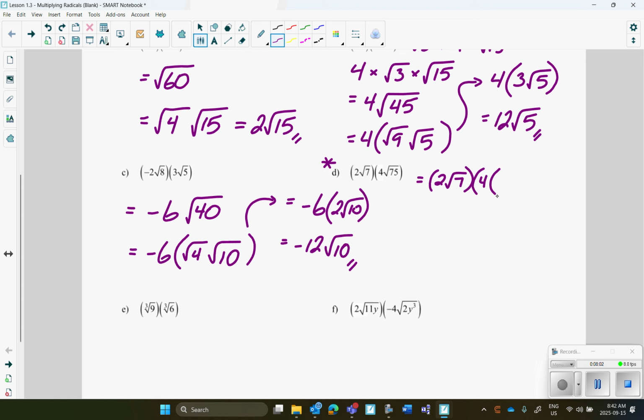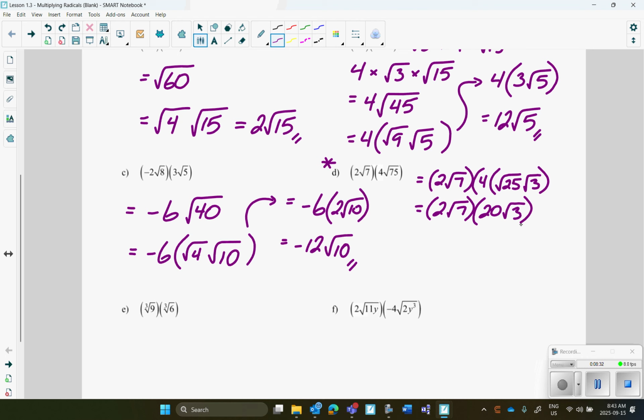Highest perfect square into 75, 25, which means the other radical must be 3. So that gives me 2 root 7 times 4 times 5, because I can multiply 4 times root 25 to get 20 root 3.